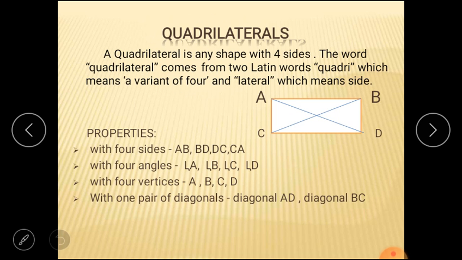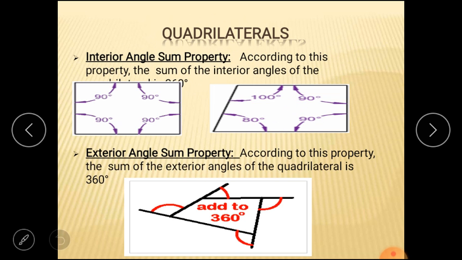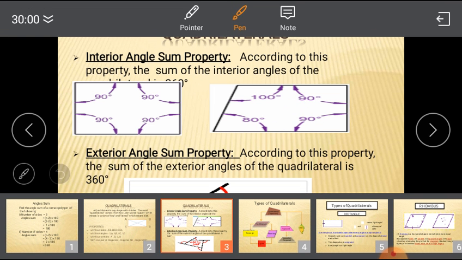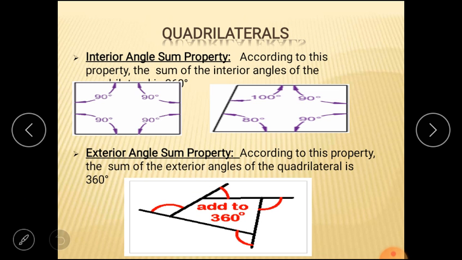Move to the next: the interior angle sum property. What is the interior angle sum property? According to this property, the sum of the interior angles of the polygon is 360 degrees. And the exterior angle sum property is also 360 degrees.